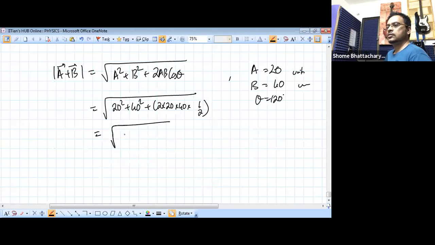You get 400 plus 1600 minus 800. That is square root of 1200, so that is 20 root 3.